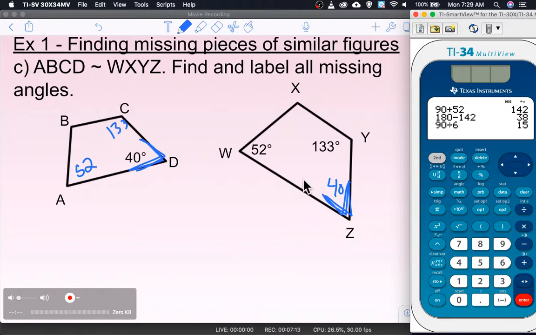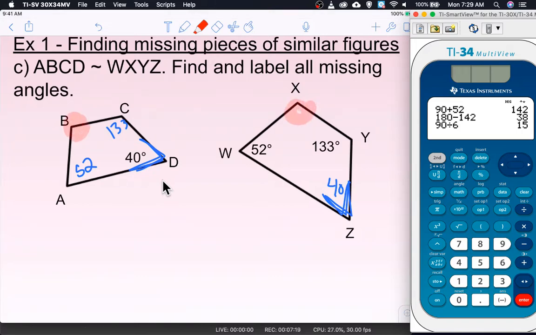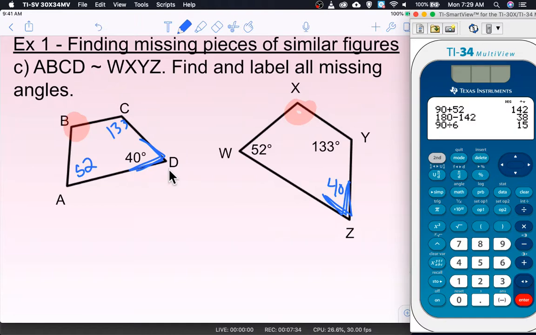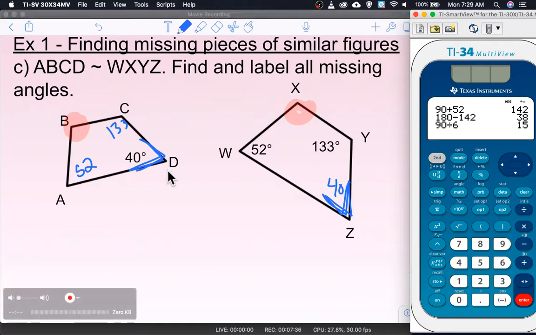So now these two, we have almost all the same angles, but we are missing B and X. In order to find that, we have a little extension on that thing of all triangles add up to 180. All quadrilaterals, four-sided figures, their angles add up to 360.